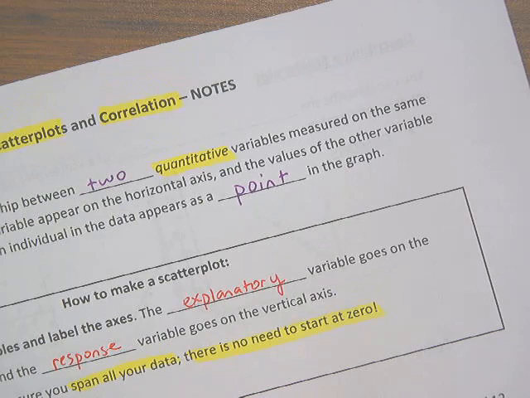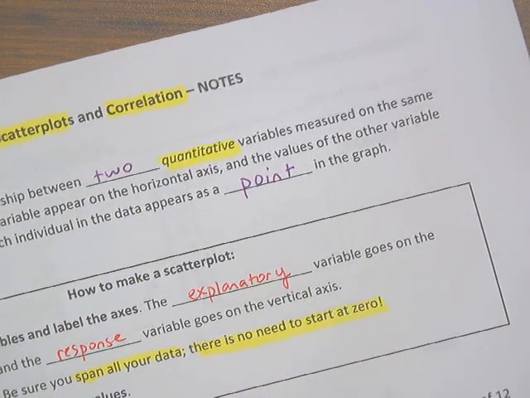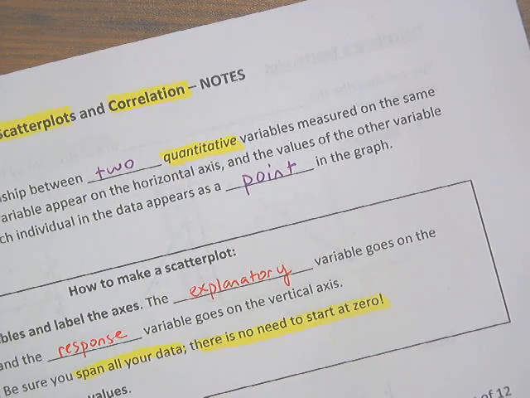Okay, you go through here. I'm going to take mine off the screen for just a minute. You go through here and you plot all 12 of these people.